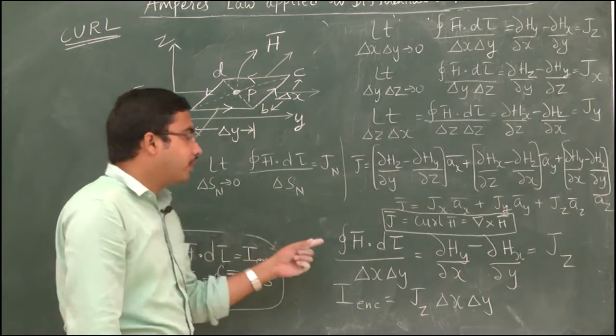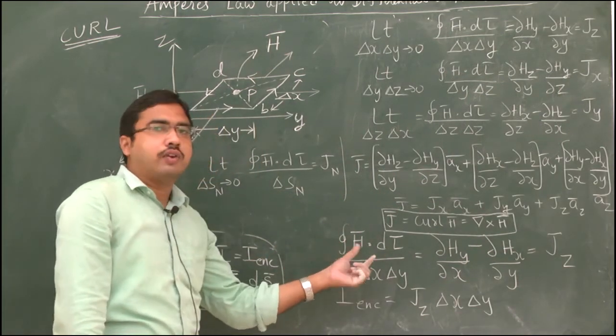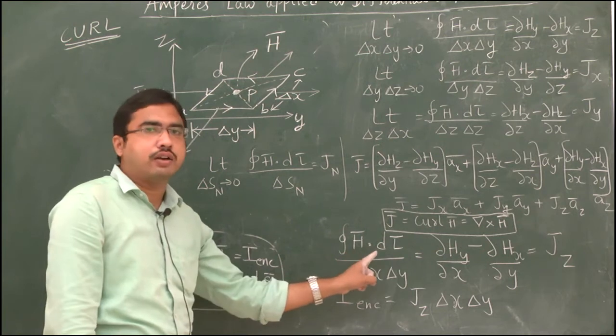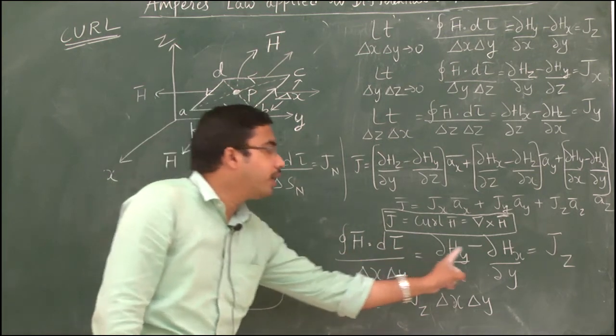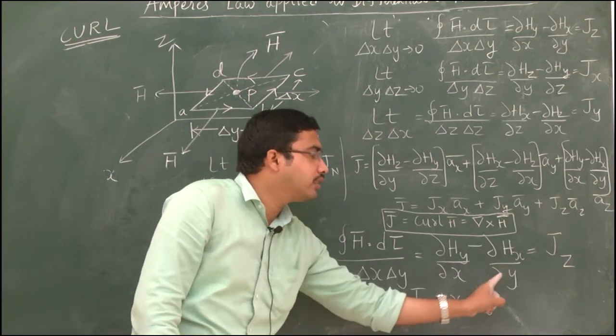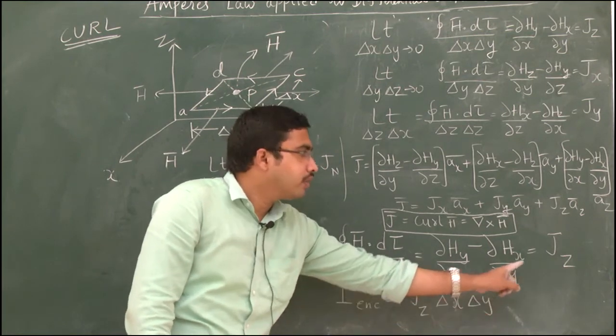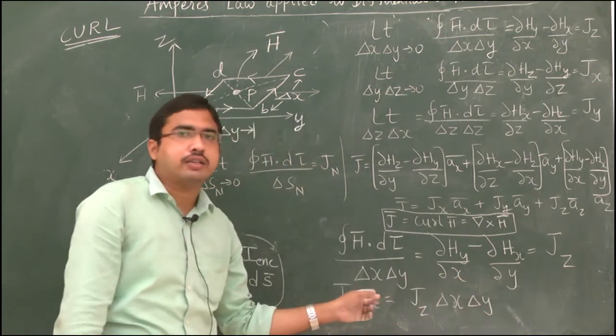So here we already got the value of integral H bar dot dl bar as dou Hy by dou x minus dou Hx by dou y, into delta x into delta y.